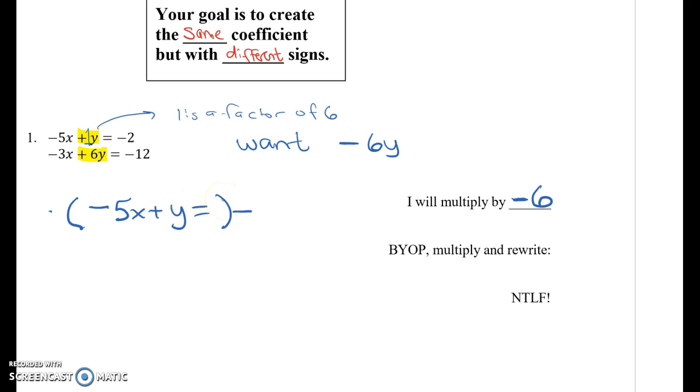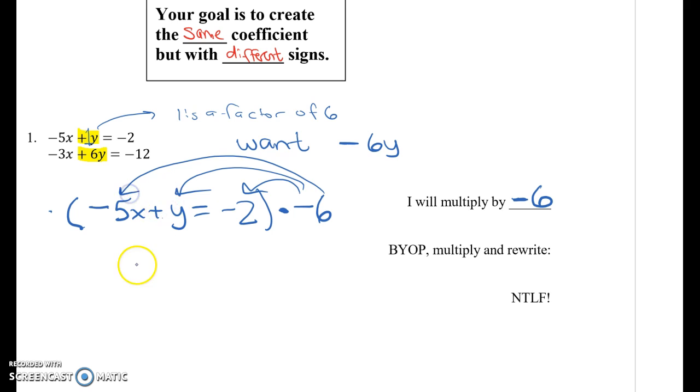Oops, that is wrong. And what I'm going to do with this entire equation is multiply the entire thing times -6. I've got to be so careful for these careless errors. Now I'm going to have 30x minus 6y equals +12.